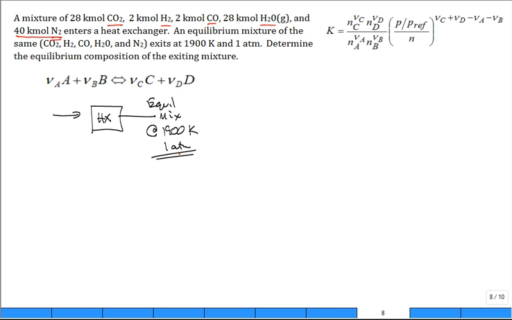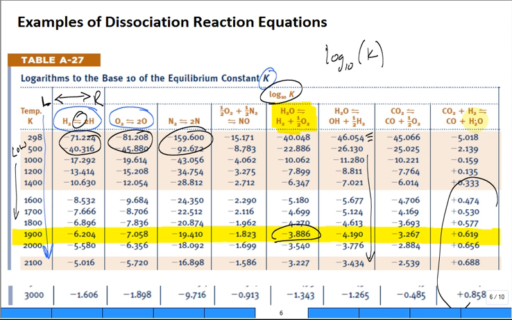All right. We go back and look for some reaction equation of this form, A, B, C, D, which describes carbon dioxide and hydrogen going with carbon monoxide and water. And do we find one? I think we do, but you have to go looking for it. Is it this one?